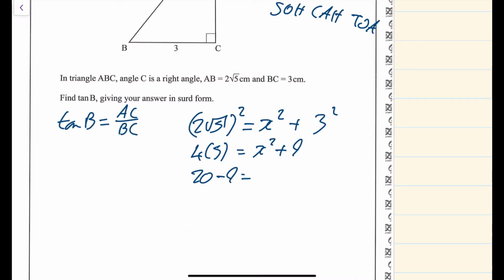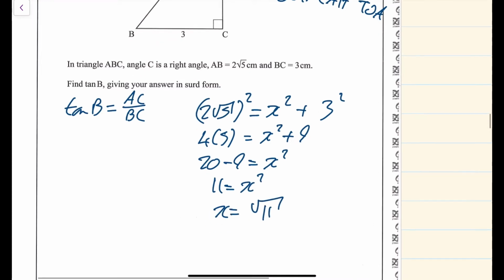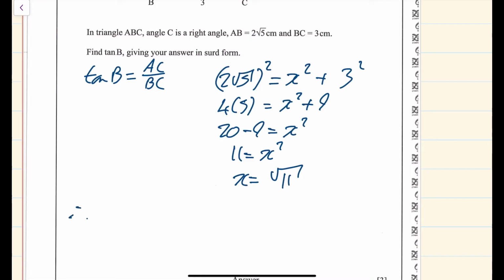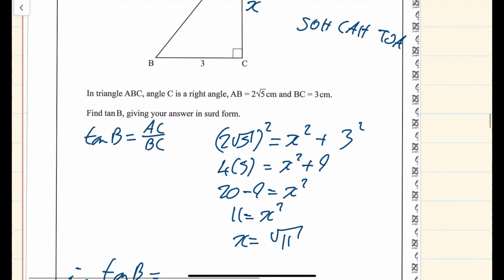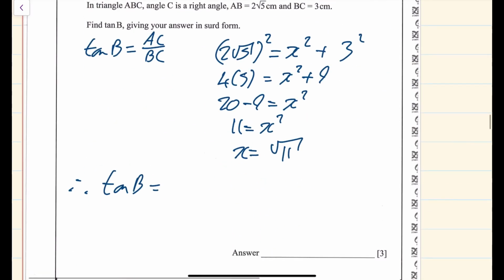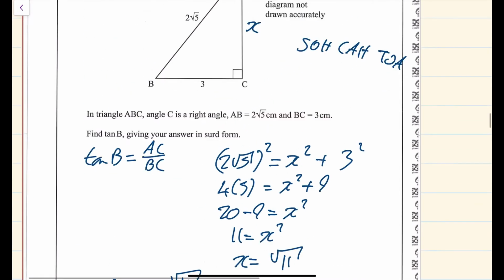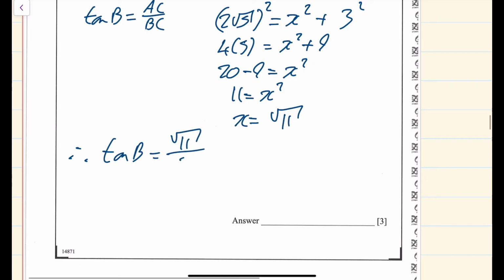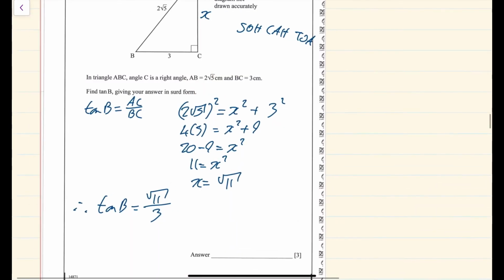And bring the 9 across: 11 equals x squared, or x is equal to √11. That means your tan B is equal to AC. We've just found AC, haven't we? Which is √11 over the BC, which we already knew was 3. And that's it.